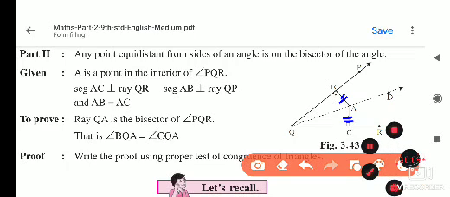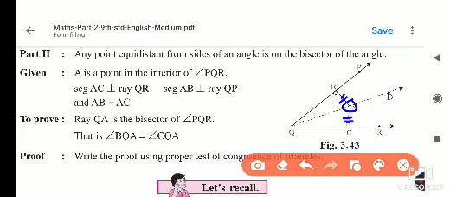Yes, it is the converse of the angle bisector theorem. Given: point A is a point in the interior of PQR, AB is perpendicular on PQ, AC is perpendicular on QR, and AB is equal to AC.